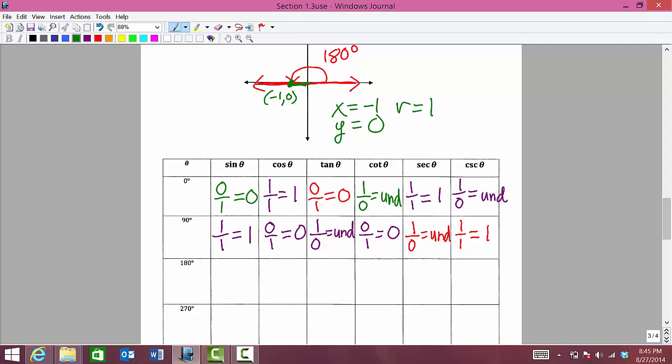Sine, once again, hopefully you have this memorized by now. Sine is y over r, so that would be 0 divided by 1, which is 0. Cosine of 180 degrees, we know that's x divided by r, so x is -1, r is 1. So this simplifies to be -1.